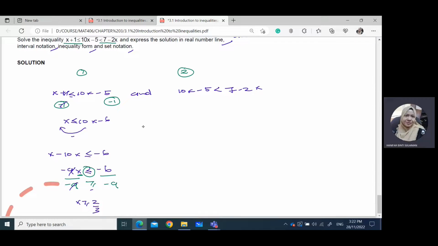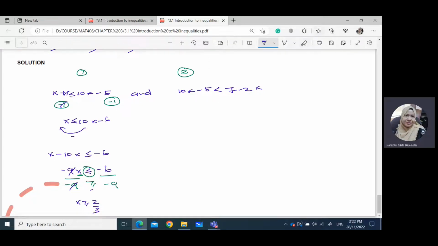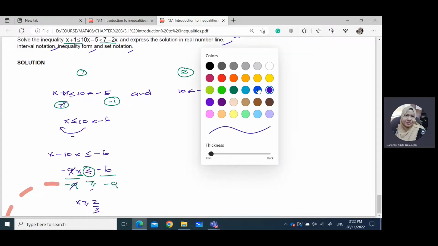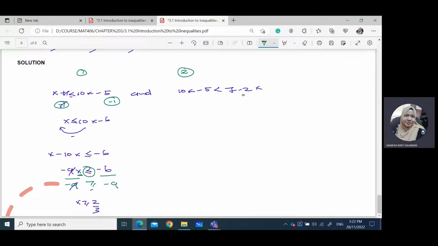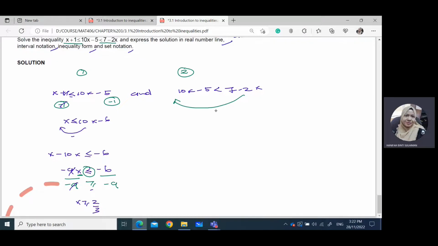Okay. Alright, so next is sebelah second part. Second part yang ni. So sama jugalah untuk yang ni. First, kita bawa negative 2x to the other side. Kita bawa ke sebelah sini. Then dia akan jadi positif. So negative 5 we bring to the other side, then we have a positive.